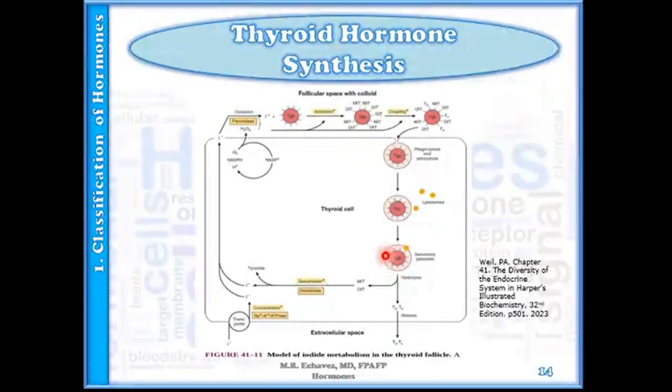Meanwhile, some of those on your thyroglobulin are still in the mono and diiodo versions, so it will just repeat the same process. Then you will see here that your T3, T4 is released. Like we said, it's lipid soluble, so it needs a transport protein.